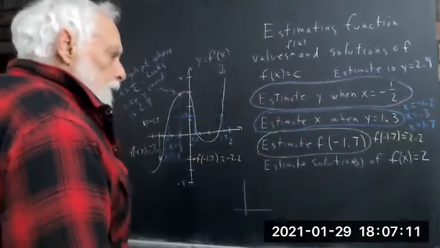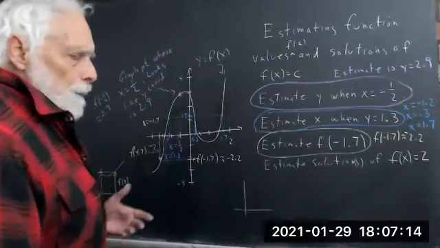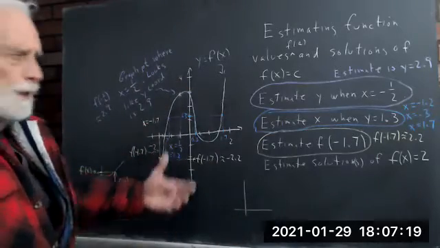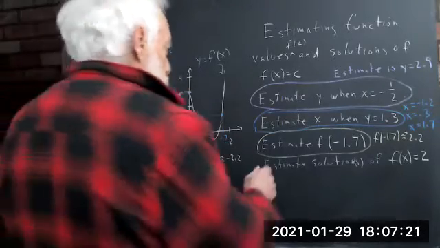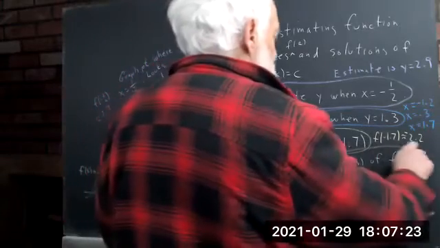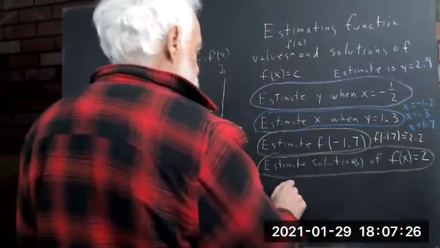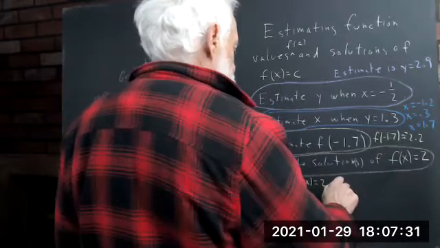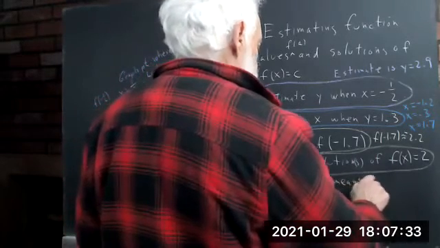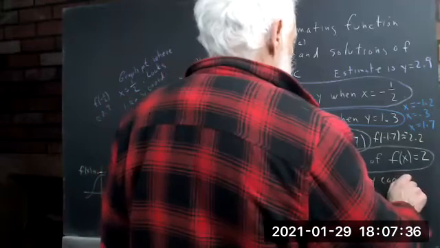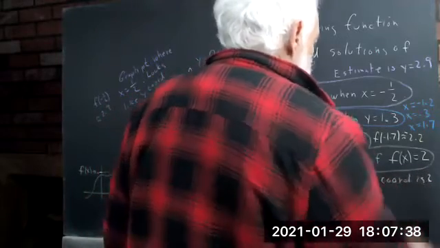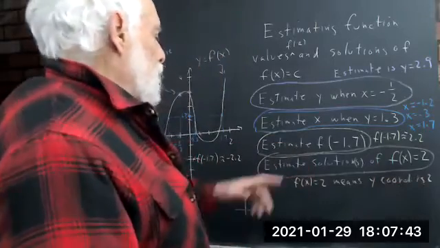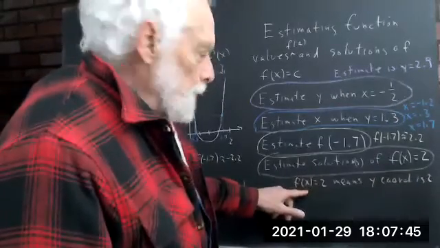Well, f of x equals 2 means that the y value, because f of x is a y value, says that the y value is 2. It means that the y-coordinate of the point on your graph that solves this equation is 2.